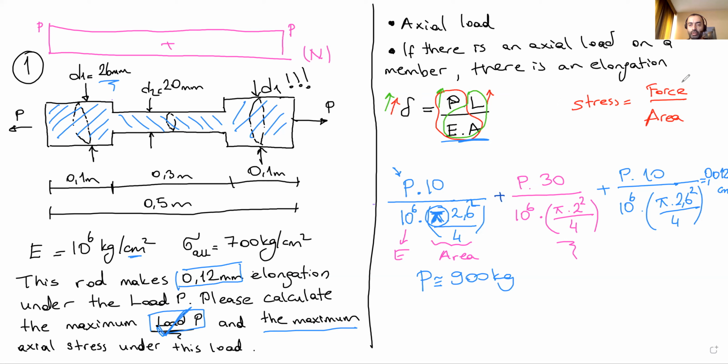Depending on the direction of the force, this stress will be axial stress or shear stress. If our force is perpendicular to the cross section, it's axial stress. If the force is parallel to the cross section, the stress is shear stress. This is the basic equation we have to know here.